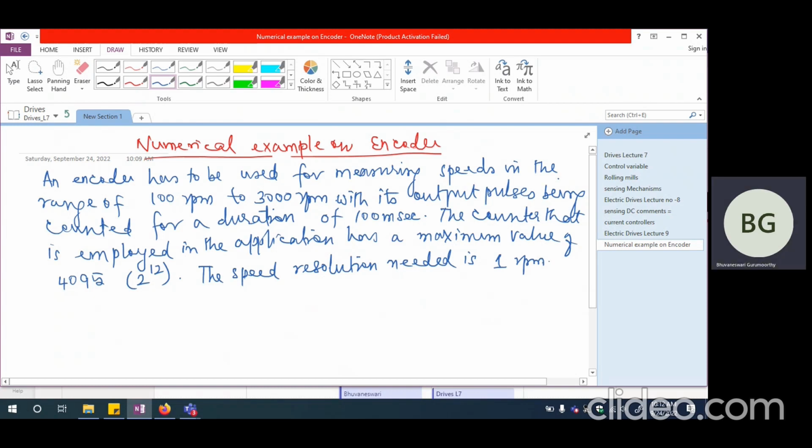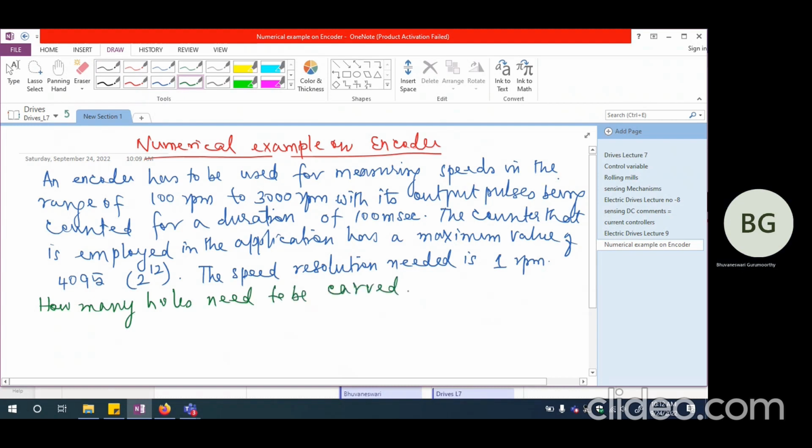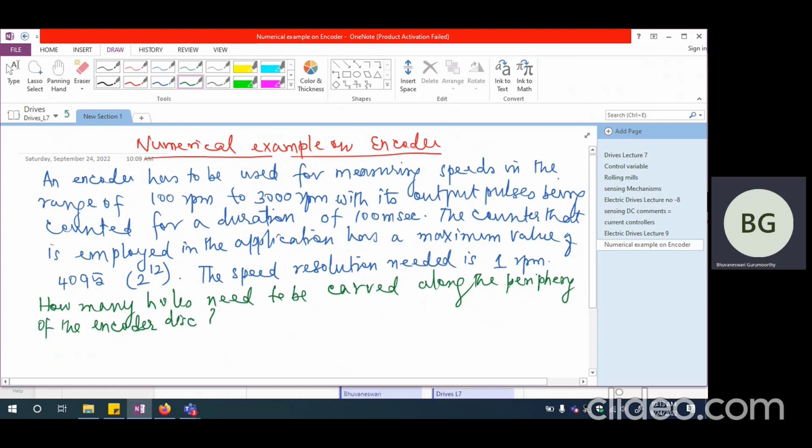Okay. So how many holes need to be carved along the periphery of the encoder disk so that all the above conditions are satisfied?